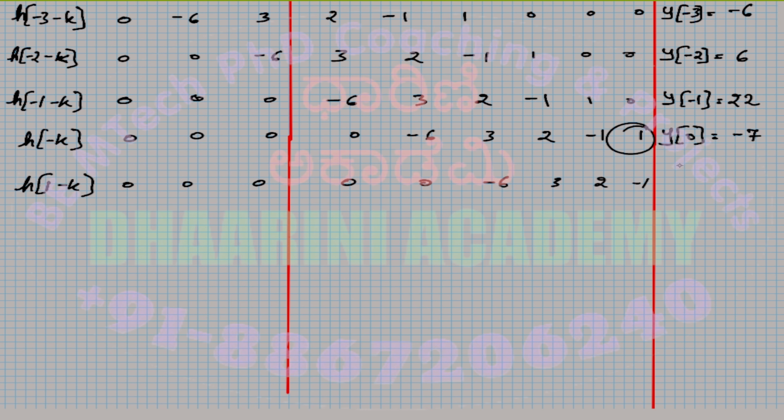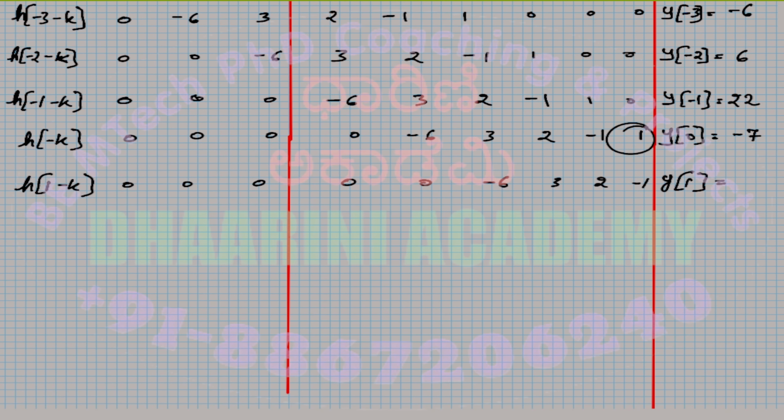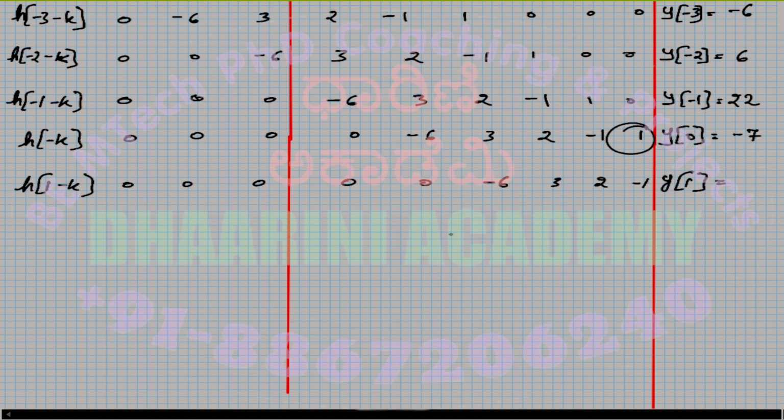So as a result, now we are able to calculate the y of 1. So this comes to be minus 15. Then we'll move further. This is h of 2 minus k, minus 6, 3, 2.